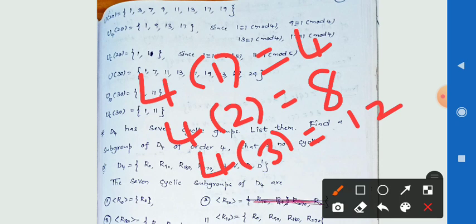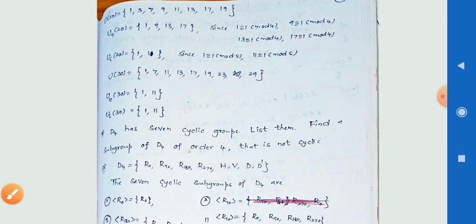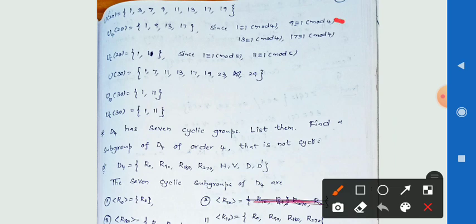For this I keep adding plus 1 like this, so that the set U4(20) is equal to 1, 9, 13, 17. This condition must be satisfied. This one, 1 is congruent to 1 mod 4, 9 is congruent to 1 mod 4, 13 is congruent to 1 mod 4, and 17 is congruent to 1 mod 4.